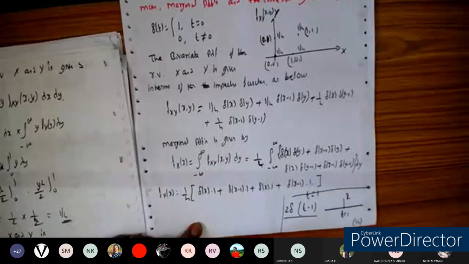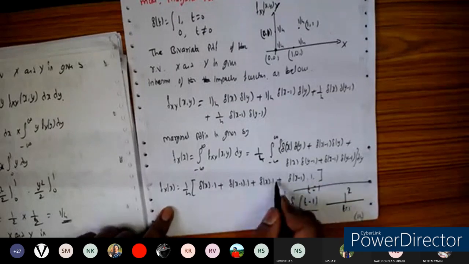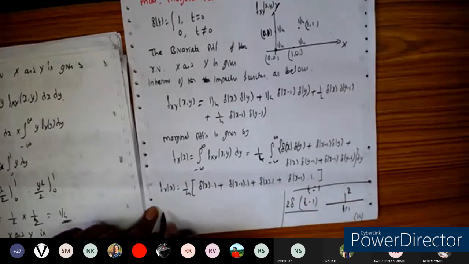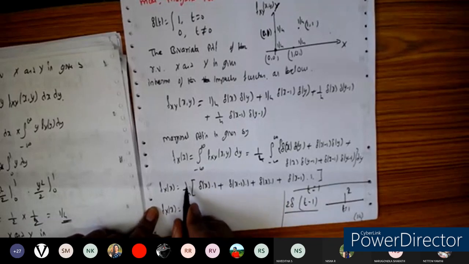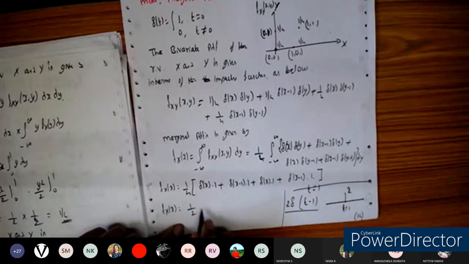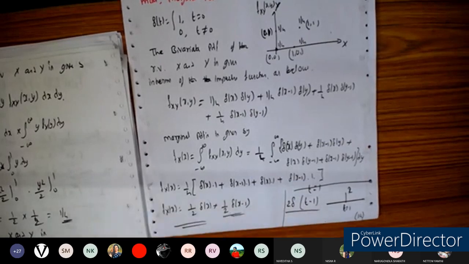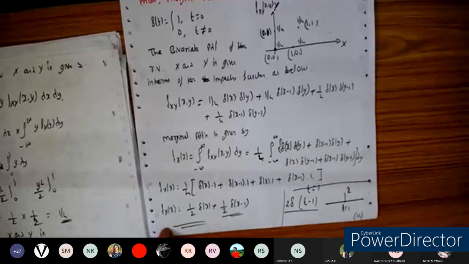Now delta of x minus 1 appears 2 times and delta of x 2 times, so it becomes 2. We can add these quantities, so 1/4 into 2 becomes 1/2. So I split it as 1/2 delta of x plus 1/2 delta of x minus 1. This is the marginal PDF we can obtain from the bivariate PDF.